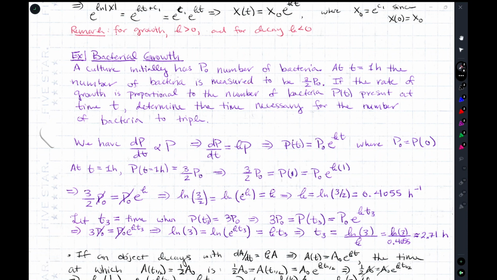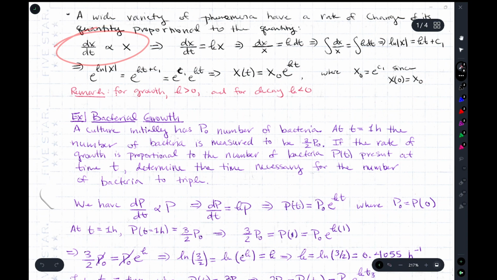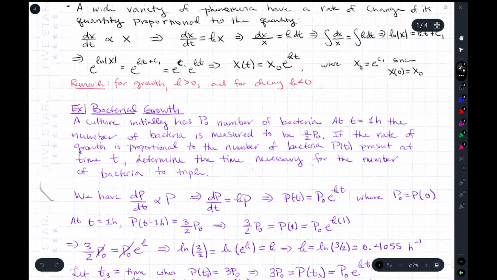Okay, so you start with the initial population of P naught, and after 1 hour, you have 1.5 times that, okay? If the rate of growth is proportional to the number of bacteria present at time t, this key phrase is telling you that it follows this relation. Determine the time necessary for the number of bacteria to triple.